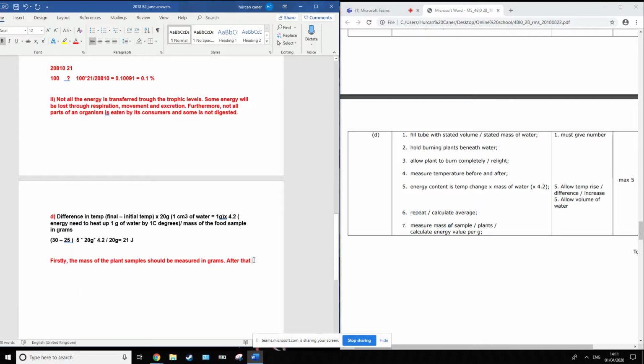After that, the test tubes should be filled up with a measured volume of water, 10 centimeter cubes, with the thermometer placed in and secured at a stand.